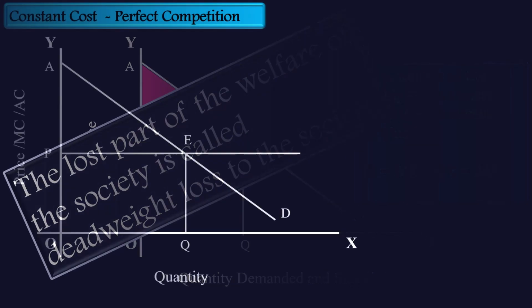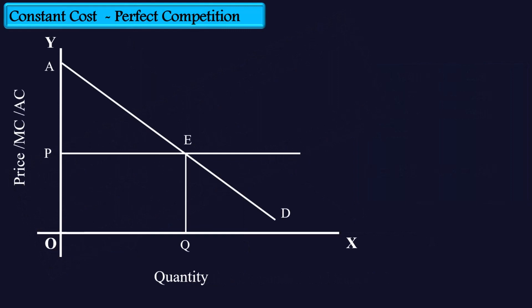First, constant cost condition. Assume perfect competition is prevailing in the market. Look at this graph. The industry demand curve is given. It is AD. All the firms in the industry face constant cost condition in production. Already we have learned that under perfect competition, the marginal cost curve is the supply curve.